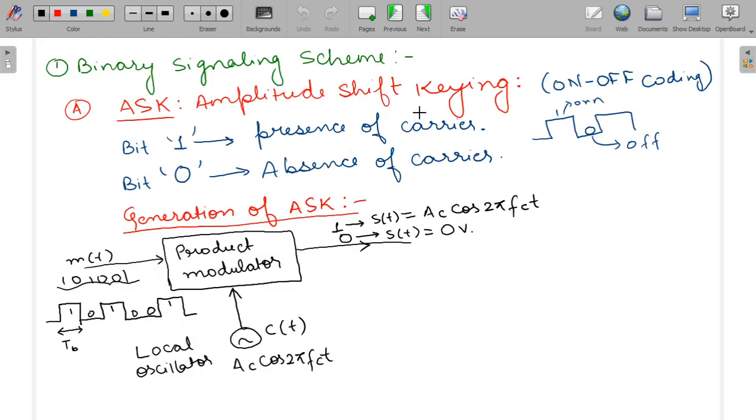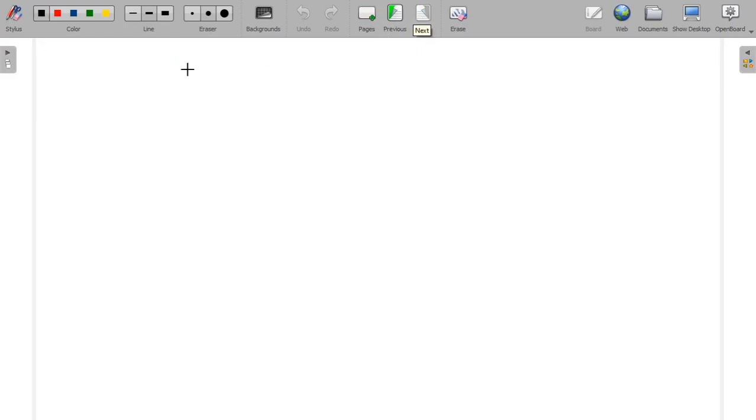So we will draw the waveforms of s(t), m(t) and c(t). Our m(t) is like this: 1 0 1 0 0 and 1. This is our m(t).